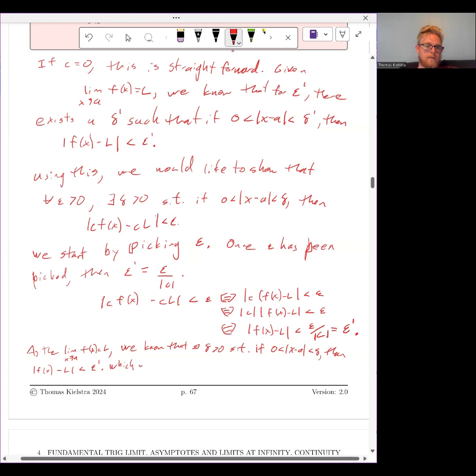Which means the absolute value of c f of x minus c L is less than epsilon. Thus, our limit is proven. The limit as x approaches a of c f of x equals c times L.